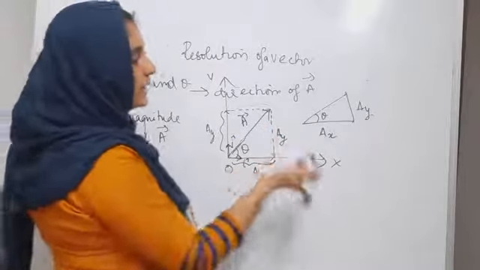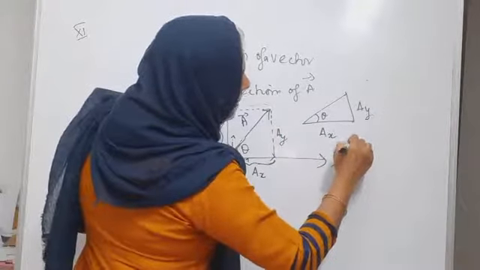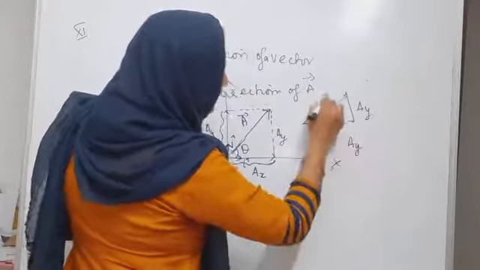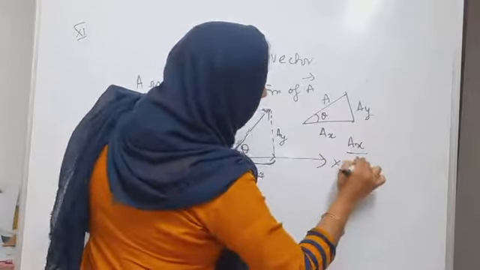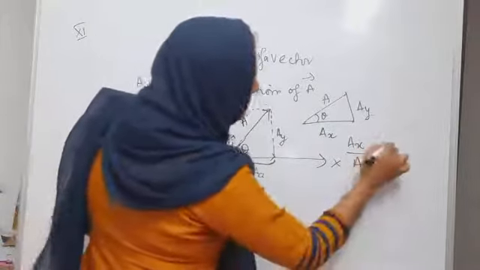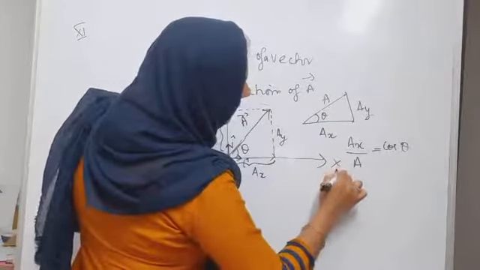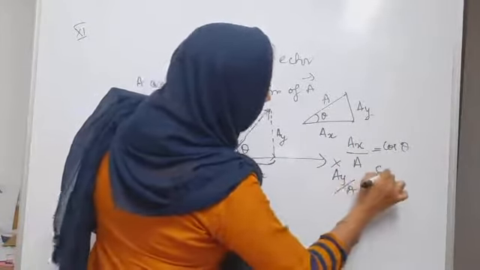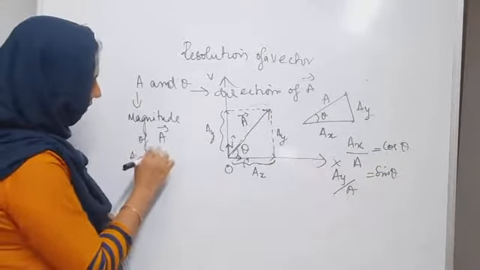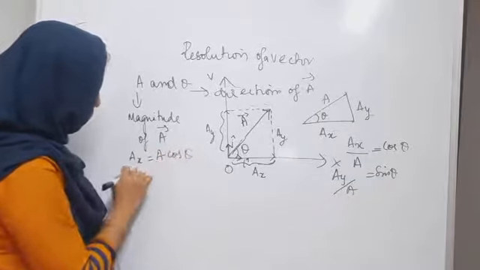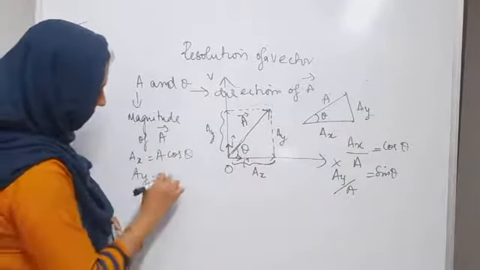Now, you can easily write ax by a, that is adjacent side by hypotenuse, as cos theta, and ay by a as sin theta, isn't it? So what is ax? Ax is equal to a cos theta. What is ay? It is a sin theta.